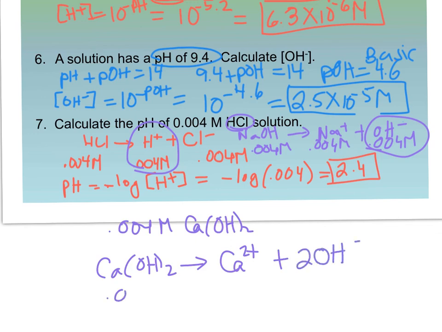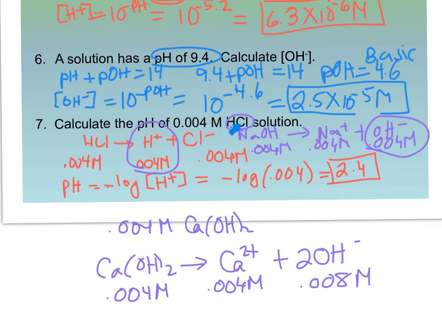So if this was 0.004 molar, this would be 0.004 molar. But this one would be 0.008 molar because this is a 1 to 2 ratio. For every 1 calcium hydroxide that you put in water, you get 2 OH minuses. So you got to watch out for that.